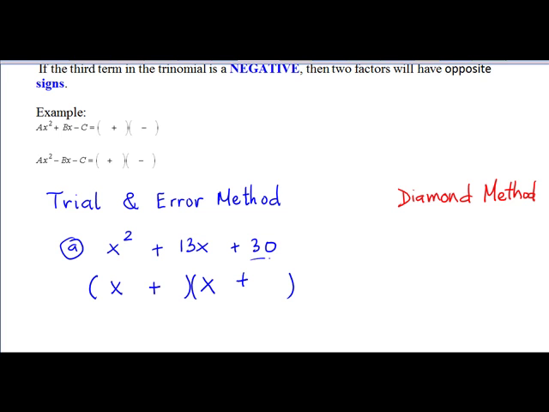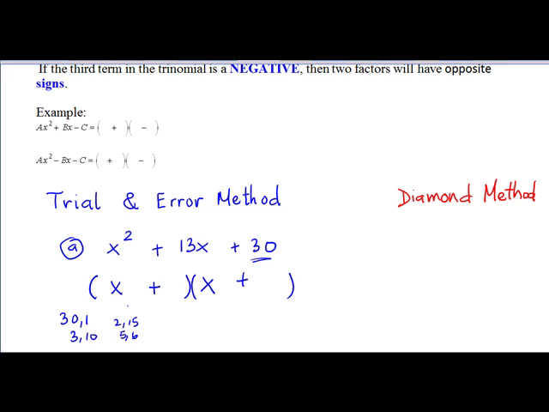And then now you look at the 30. You're going to find a pair of two numbers that multiply equal to 30 and add together equal to 13. Here are some possibilities of the pairs: 30 and 1, 3 and 10, 2 and 15, 5 and 6.